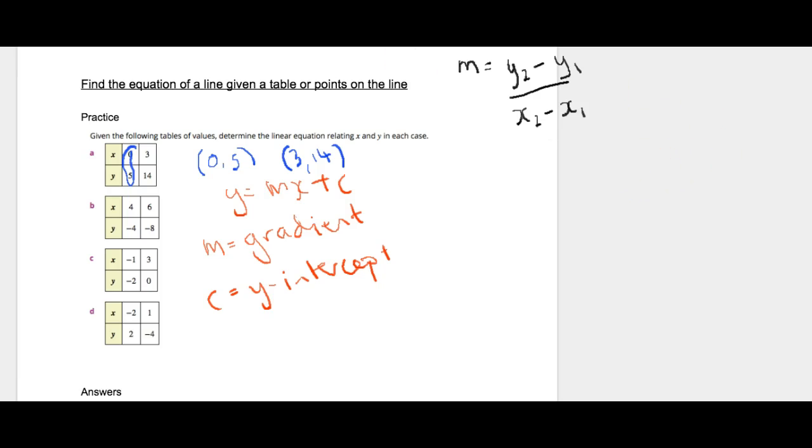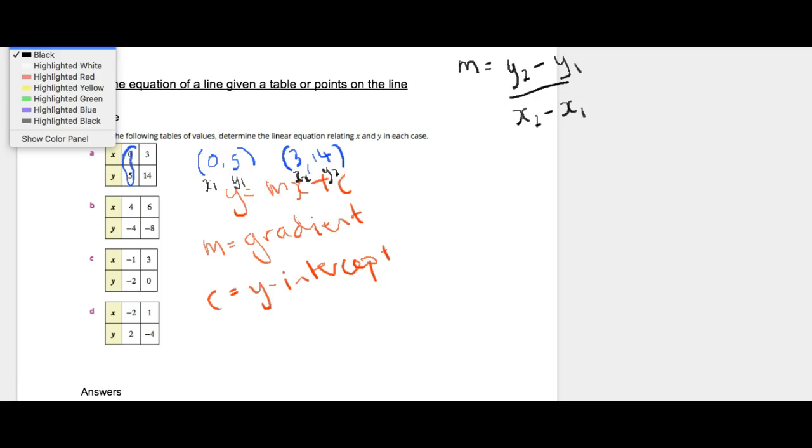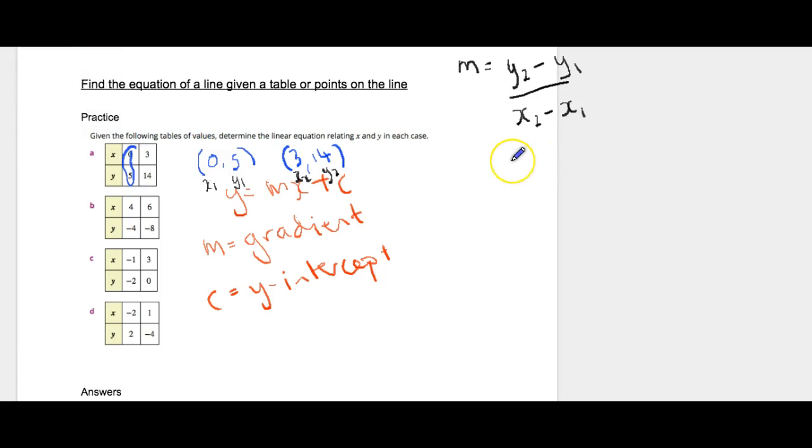Some people, when they start doing the gradient, and you did do the gradient prior to year 10, write x1, y1 and x2, y2 underneath the points, so you know which one's which, but because you've done this before, you probably won't be doing that.